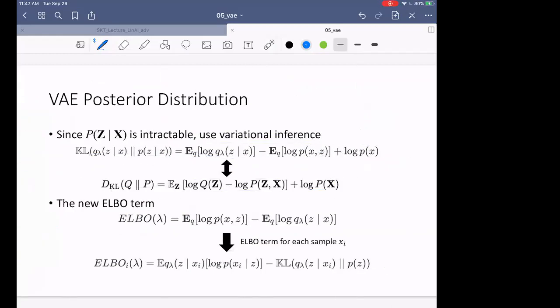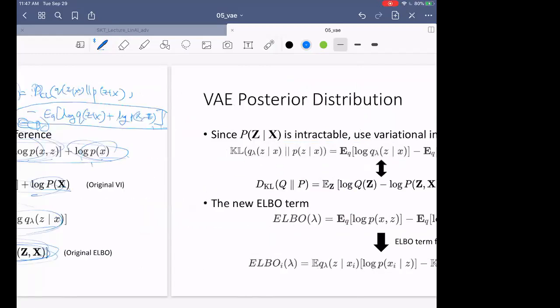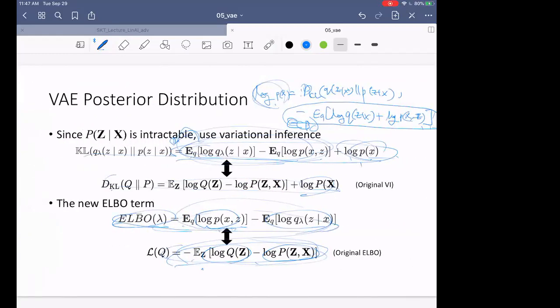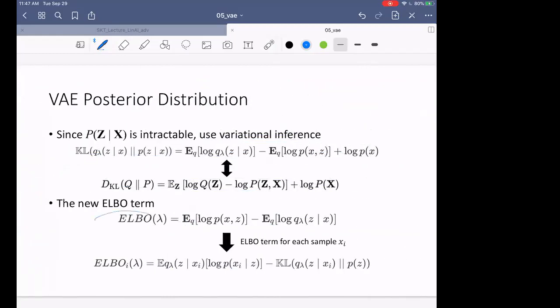And you can actually rearrange it again. So I'm just copying this term to here, right? It's the same term, and then you rearrange some stuff, and then you can derive this term here. So what I did is PX comma Z is PX given Z PZ, right?